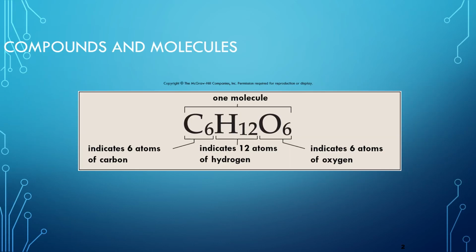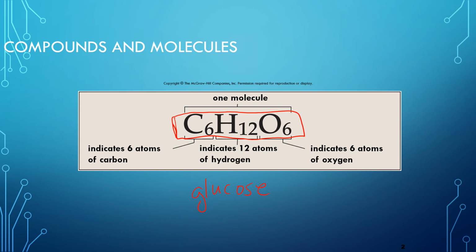When we see a formula such as this one here, that's a molecule, and it's made up of a bunch of atoms. This is glucose. That's the chemical formula for glucose.